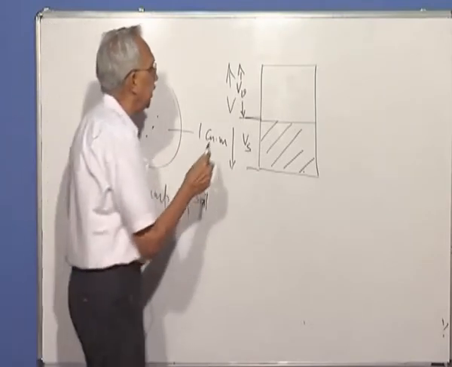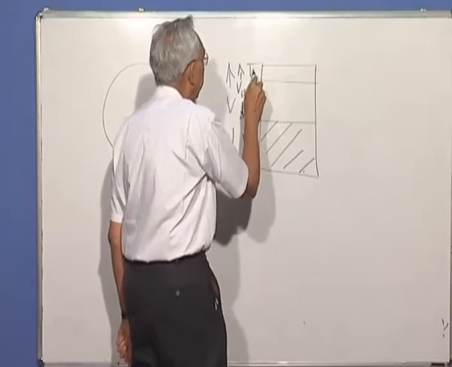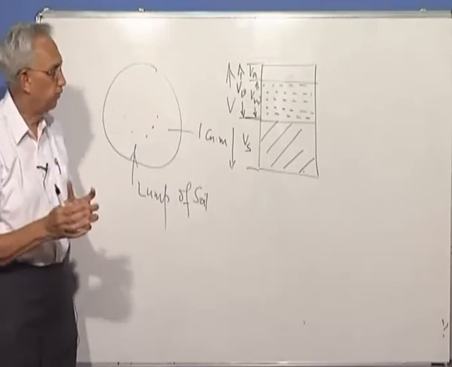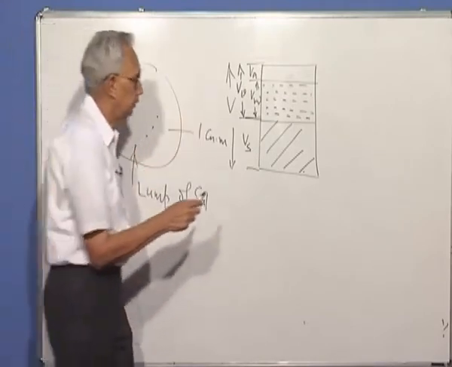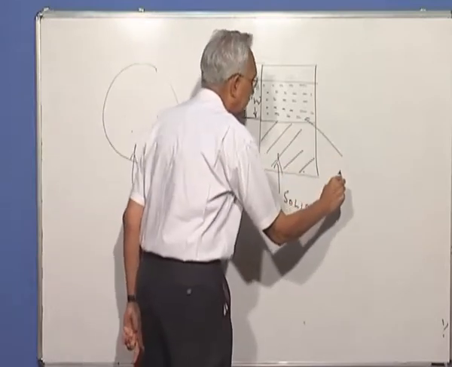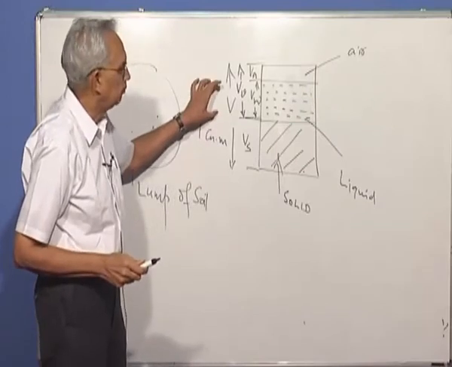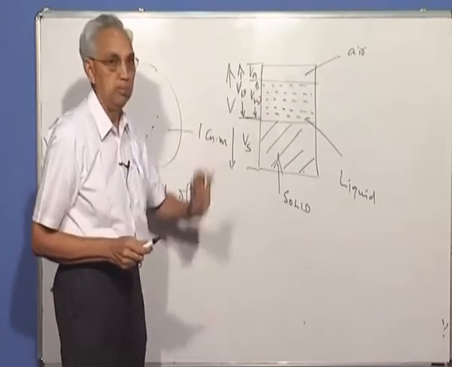But I can divide this into volume of water and volume of air. So please remember, we have taken a unit volume of soil, which consists of three phases: the solid phase, the liquid phase, and the gaseous phase. I can say the total volume consists of volume of solids, volume of water, and volume of air.